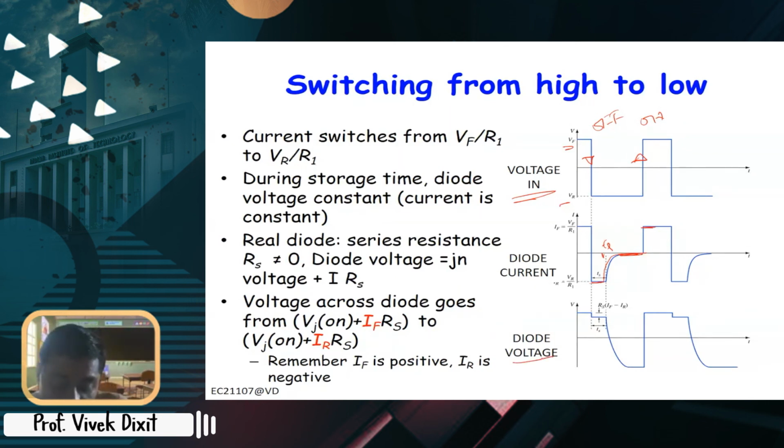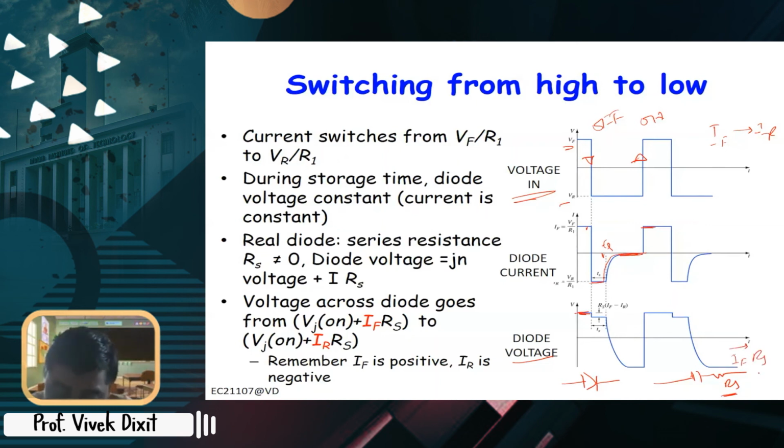What about the diode voltage? The voltage across the diode is V initially. Now when you change the applied voltage, the current changes from IF to minus IR. If you see this diode, it has a junction capacitor which has charge, and a series resistance. The voltage drop across the series resistance was IF times RS in one direction.